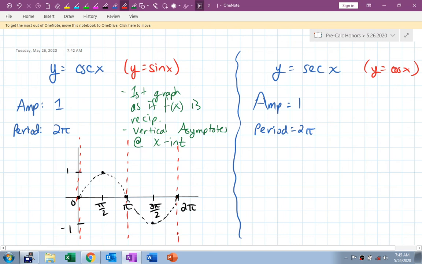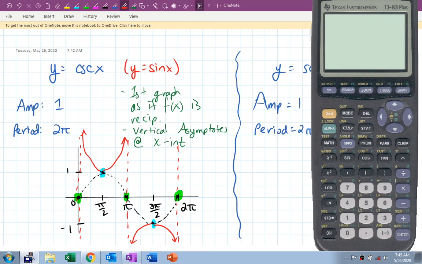That means I can't touch 0, I can't touch pi, and I can't touch 2 pi in this example. So all I have left are these 2 points at pi over 2 and 3 pi over 2. And the graph is actually a parabola shape from each one of those points. So you're going to have some funky U-looking things.